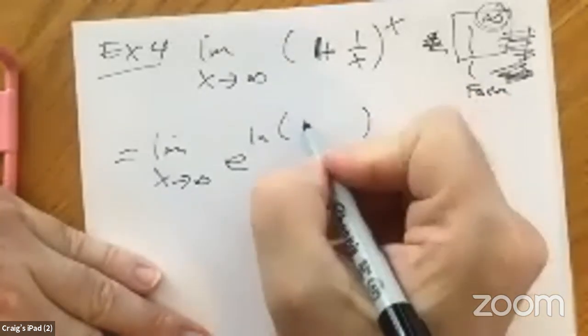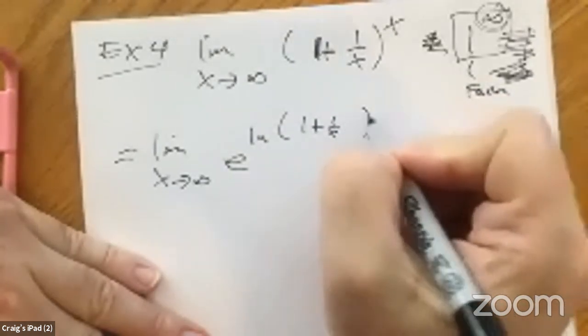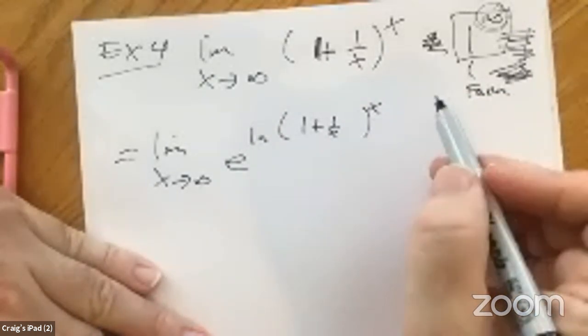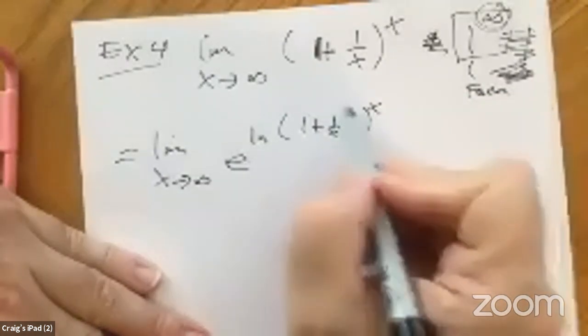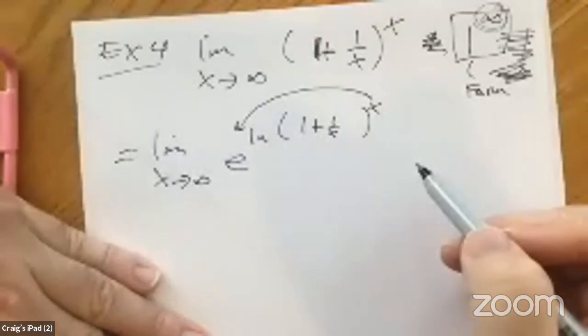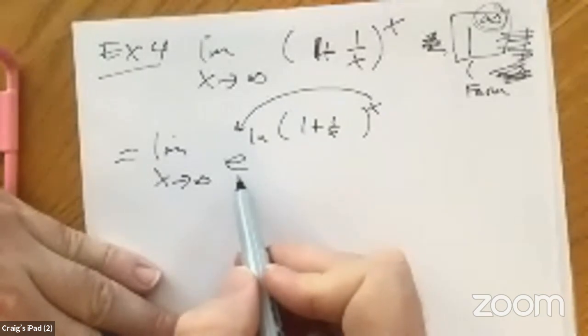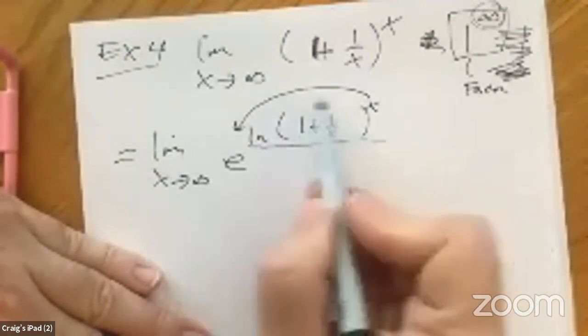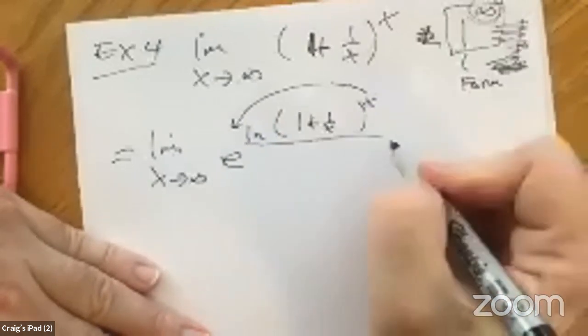So it's e to the natural log of (1 plus 1 over x) all to the x power. The reason I do that is because when I take the natural log of something to a power, I can bring this down in front of the natural log. I'm sort of ignoring the e for a moment and just pretending I'm only on this line, and so I can bring the x down.